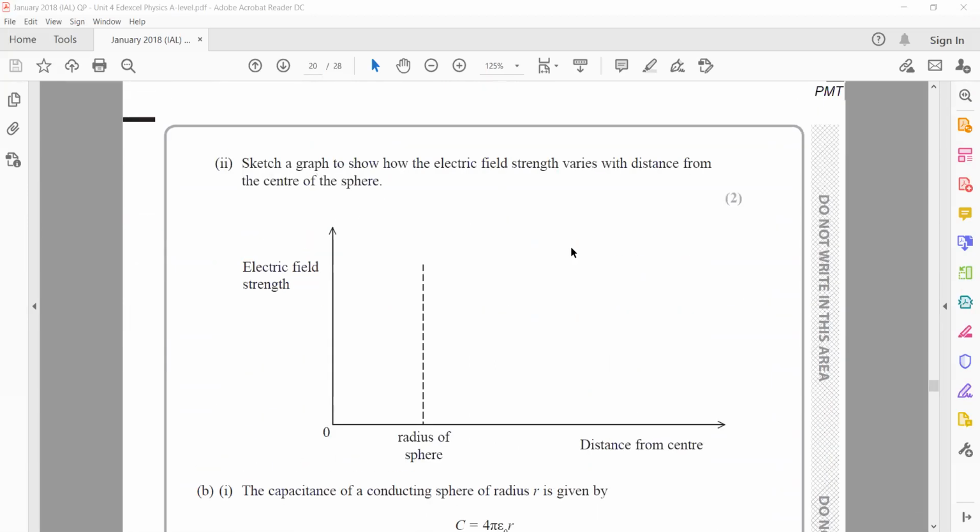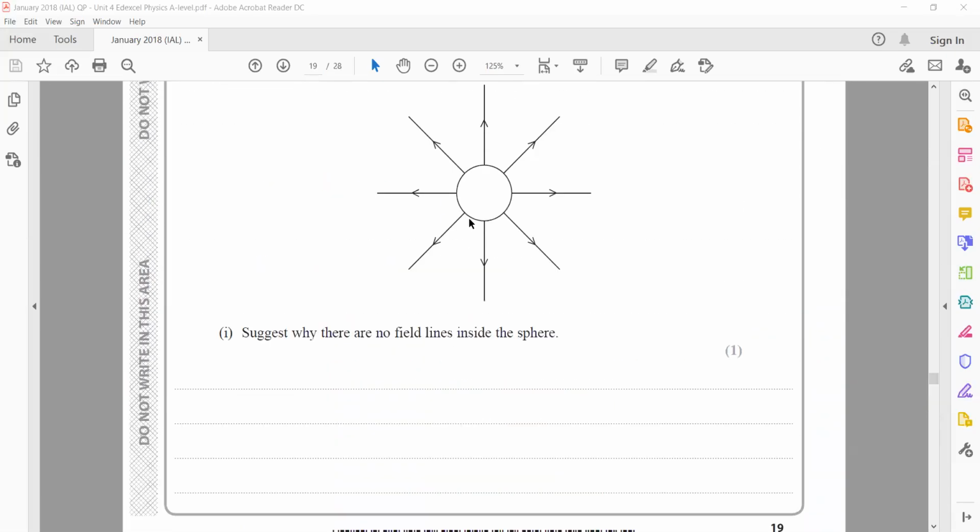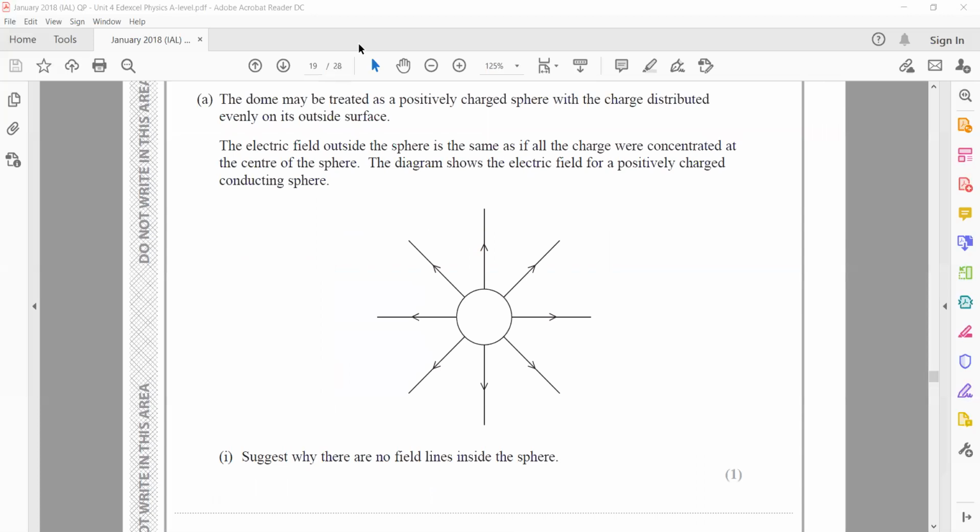Then sketch a graph to show how the electric field strength varies with the distance from the center. This is the radius. Within the sphere, up to the radius, there is no electric field. After that, the electric field will vary. For a point charge, the electric field is kq over r squared, so it follows the inverse square law.